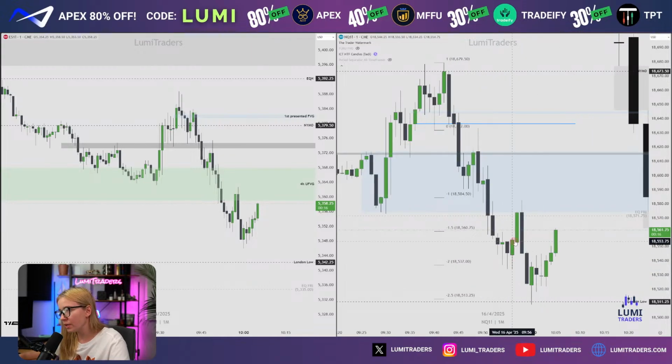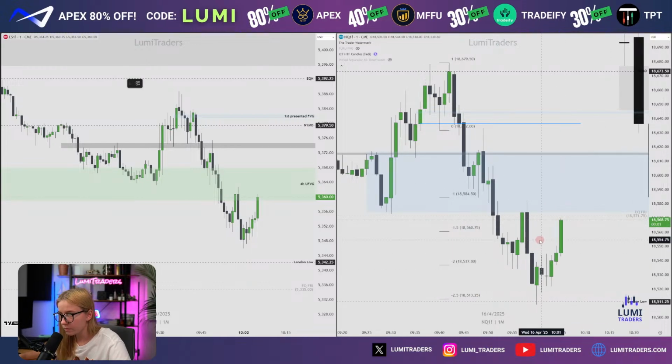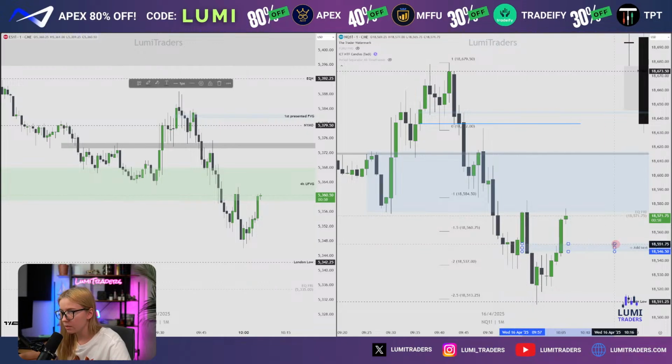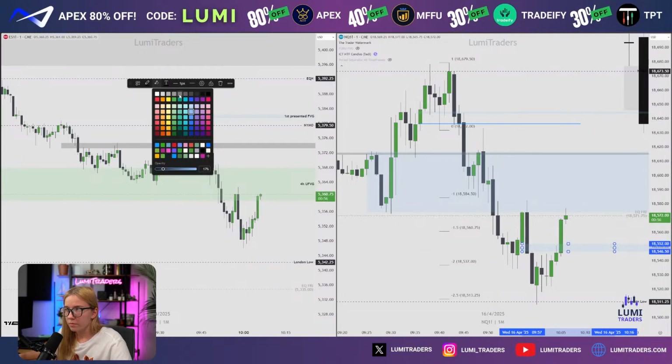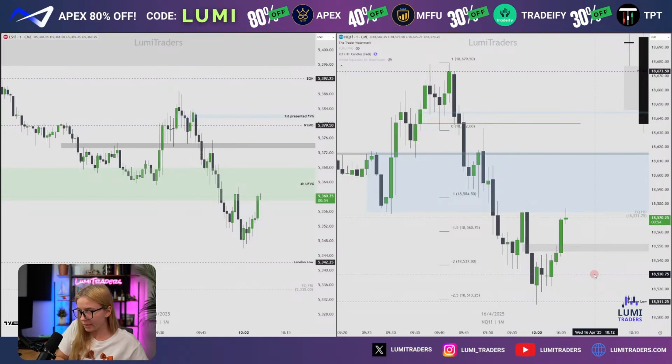By the way, for example, what we got right here, expansion, what happened? It left this fair value gap to deliver to London low, so finished business, trying to reverse. See, like another example. Hope it makes sense. See, no hindsight at this point.